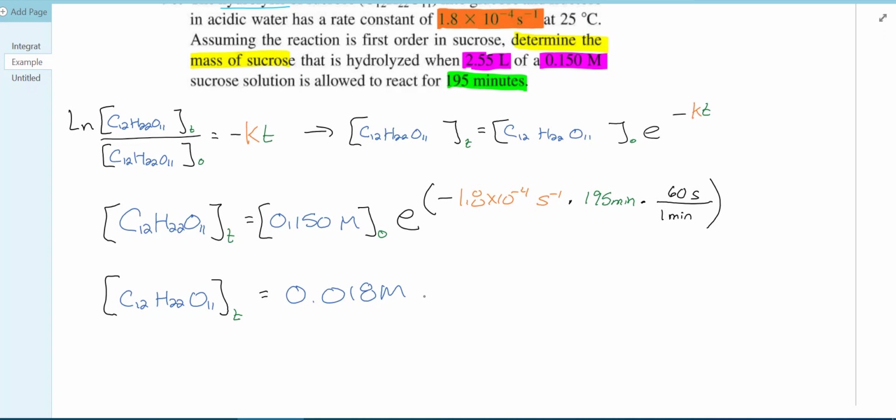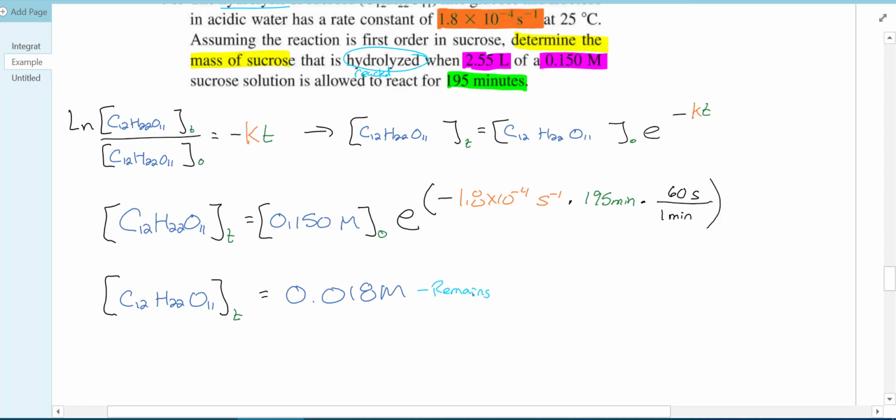The answer is no, that's not my answer. Why is that not my answer? Because I want to know how much hydrolyzed, how much reacted. This is how much remains. So that's the difference.